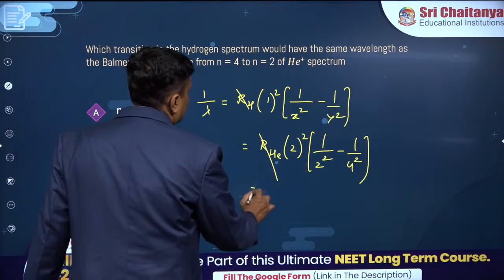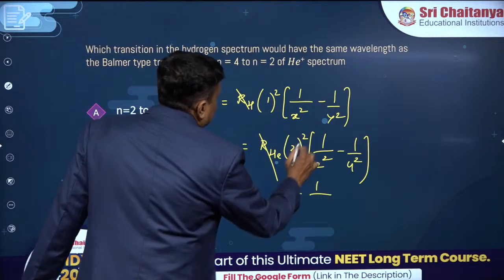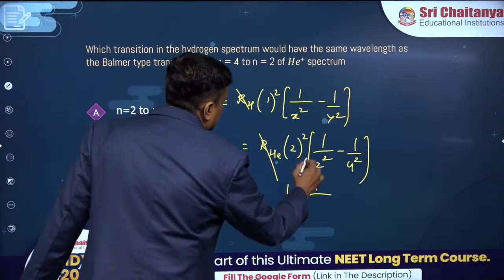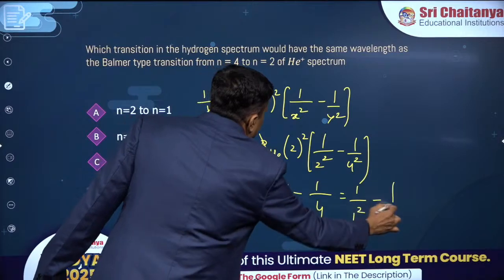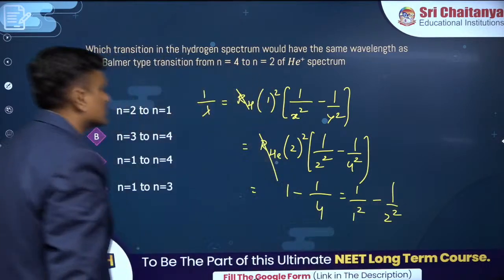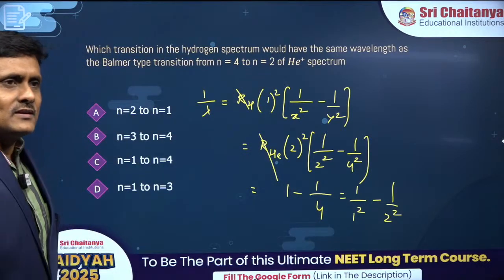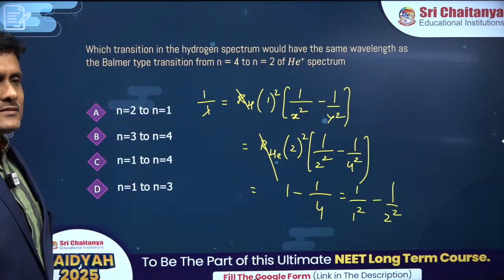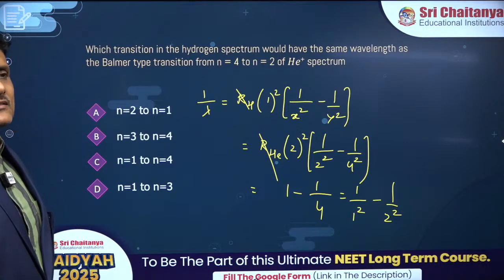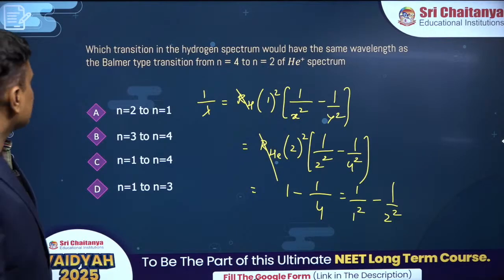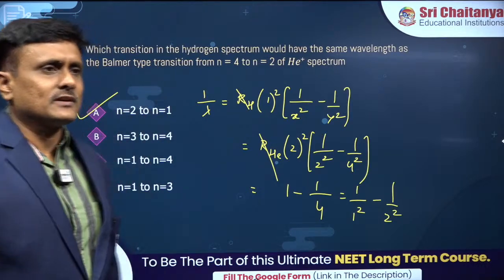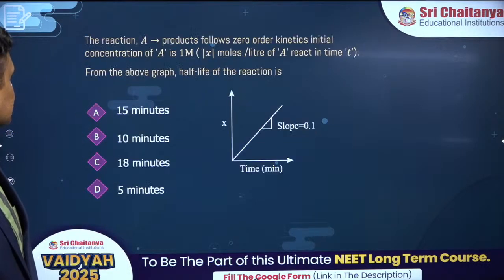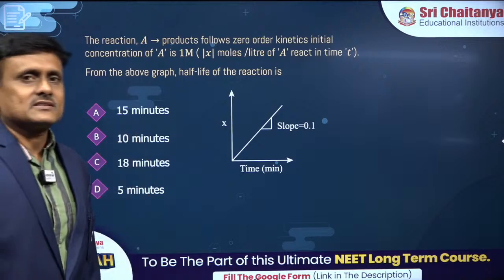So this value will also remain as 1 minus 1 by 4, which you can write as 1 by 1 square minus 1 by 2 square. So 2 to 1, A. That's a brilliant answer, good, super fast calculations, buddies. So the right answer should be 2 to 1. So hope you guys are following. Good going. Now let's solve this question.